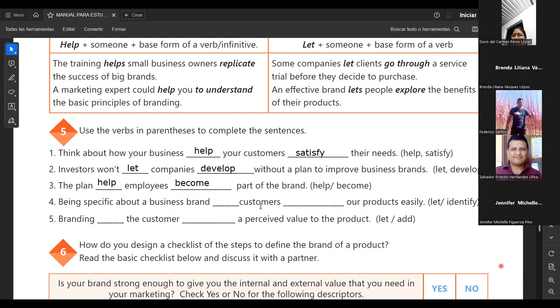Next one, let's ask Federico, number four. Being specific about a business brand lets customers identify our products easily. Okay, so we have let and identify.